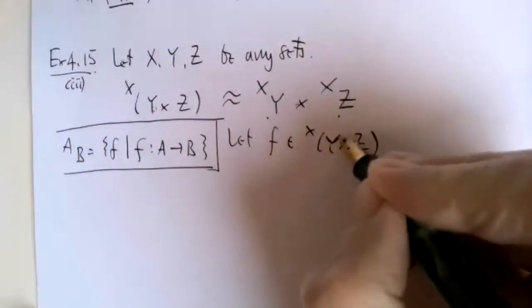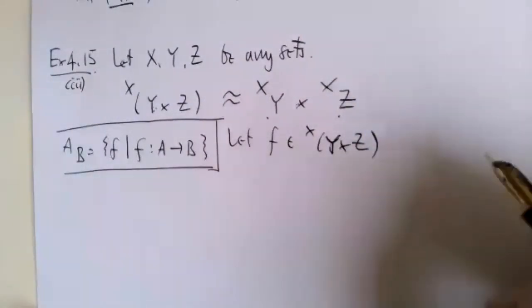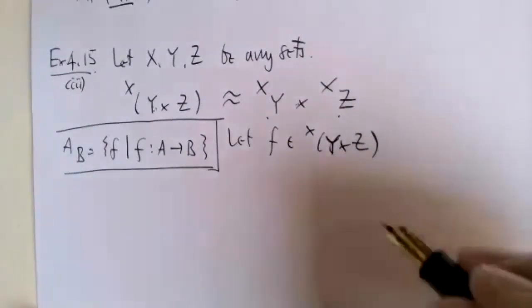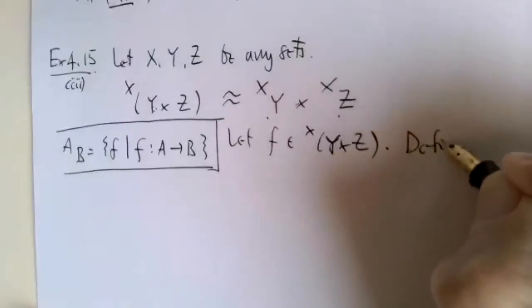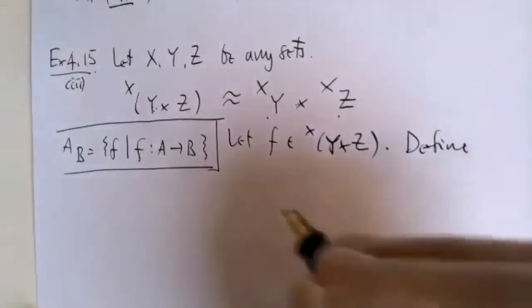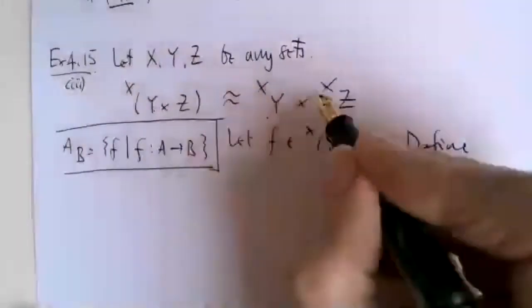I take a function on the left-hand side, and I'll define a map G going from here to here.